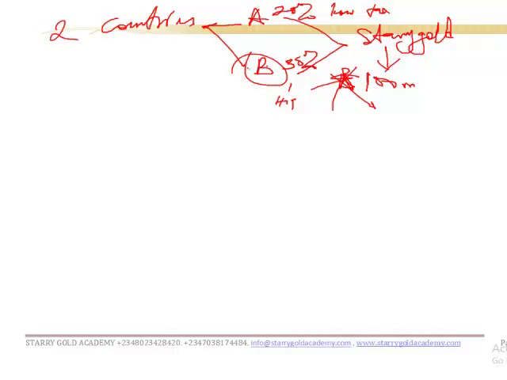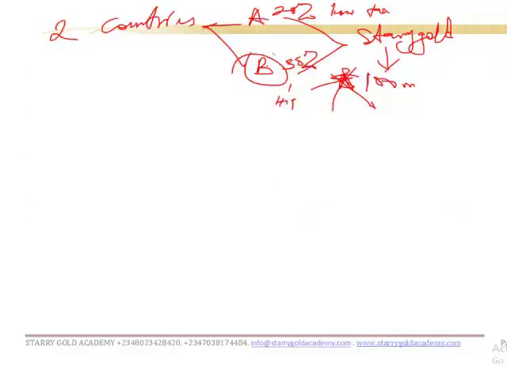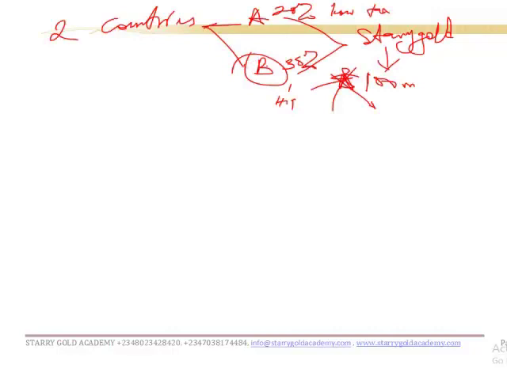Are we together? Let's move further. Under international taxation, it might happen where two countries are interested in taxing a person or an individual or a company, and this is where conflict arises.